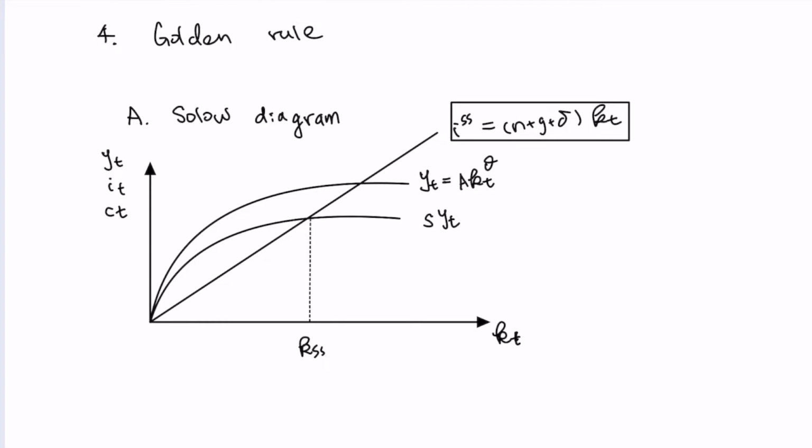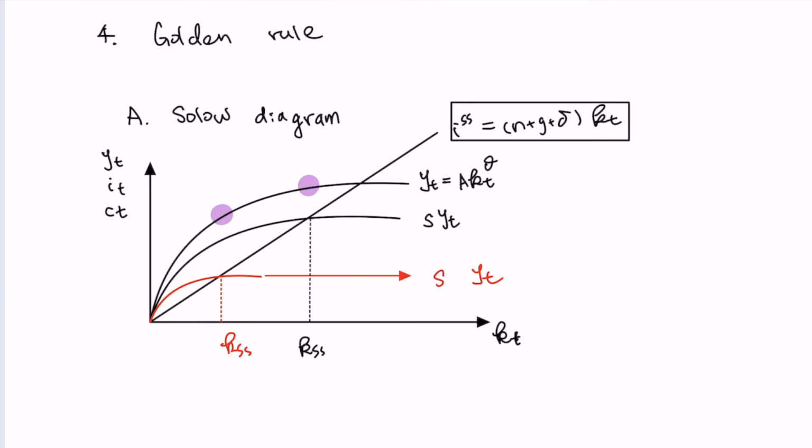But if our model is given another saving rate, then we are going to have another intersection of the actual investment and the steady state condition, and then we are going to get another capital stock in the steady state. So under these two models, for each corresponding level of the K steady state, we are going to have the corresponding level of the output.